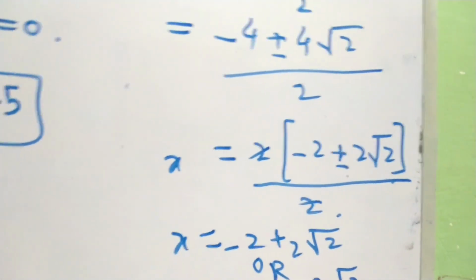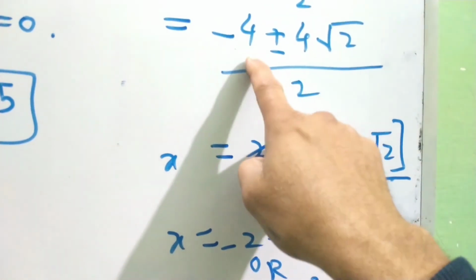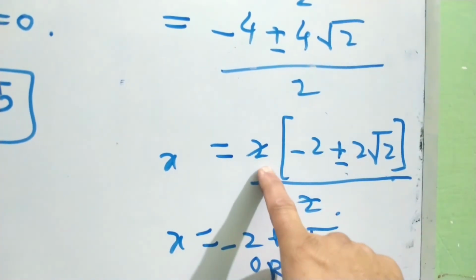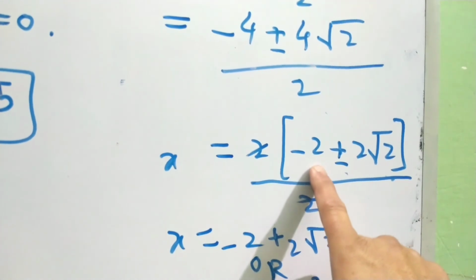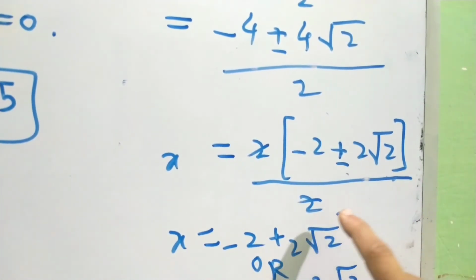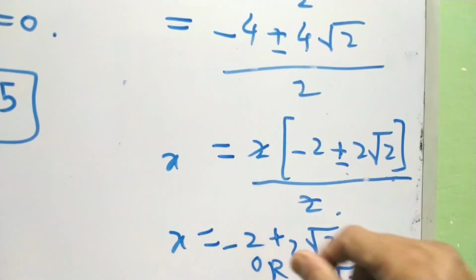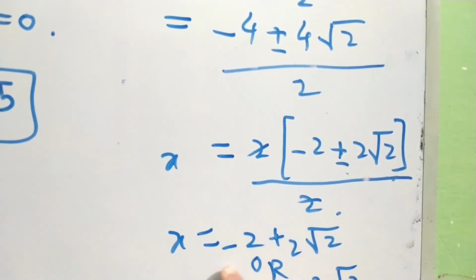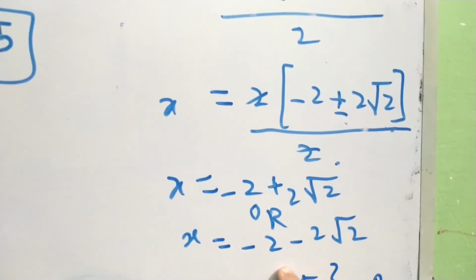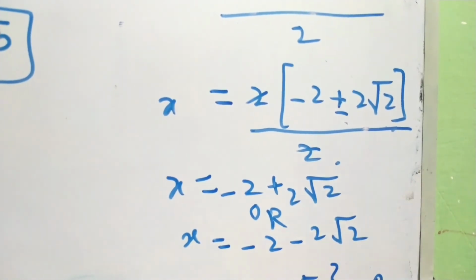We can take 2 common from here. 2 to the 4, 2 to the 4. We can take 2 common, minus 2 will remain there, plus minus 2 root 2, and the whole divided by 2. 2 will cancel out 2. So we will have x equal to minus 2 plus 2 root 2, or the value of x is equal to minus 2 minus 2 root 2. So these are the two values of x also.